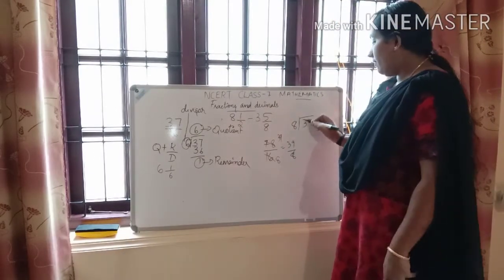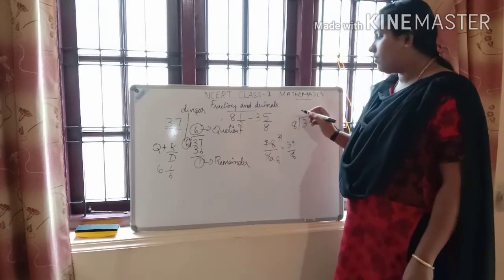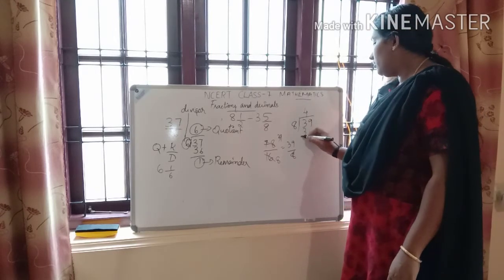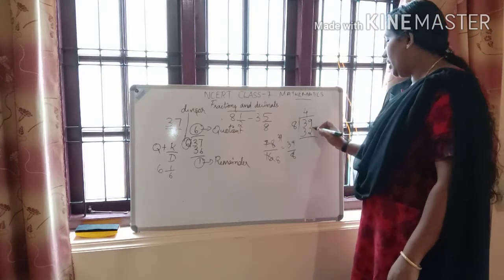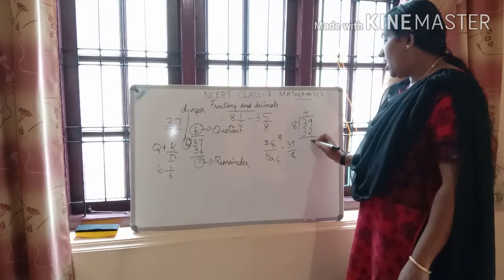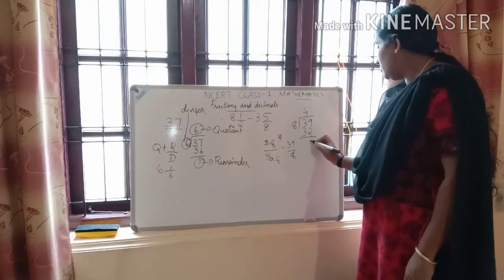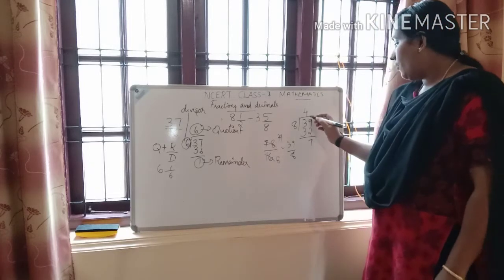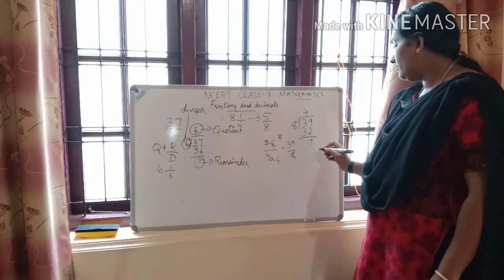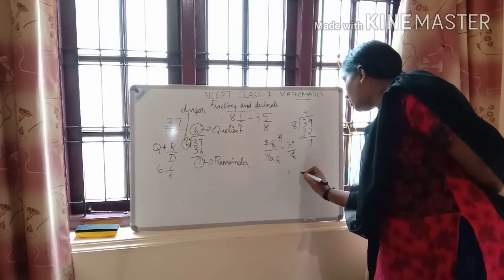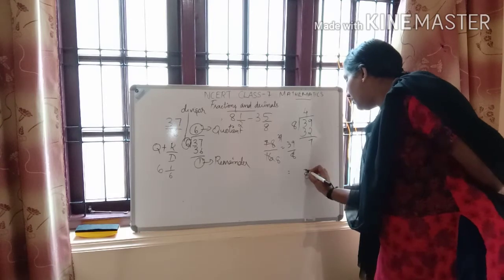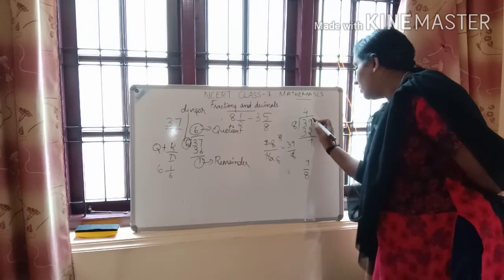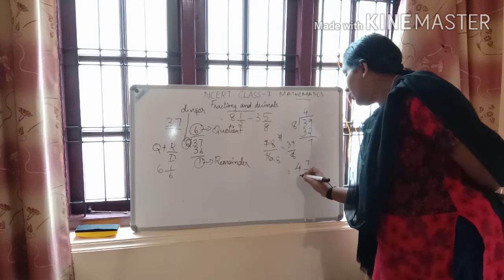We know that 8 into 4 is 32. Here we get the remainder as 7. How can we write? Here the divisor is 8, the remainder is 7, and the quotient is 4.